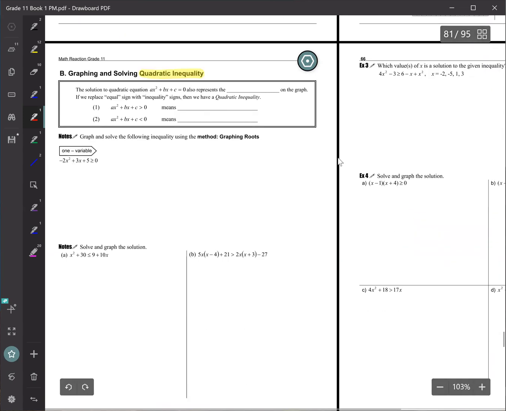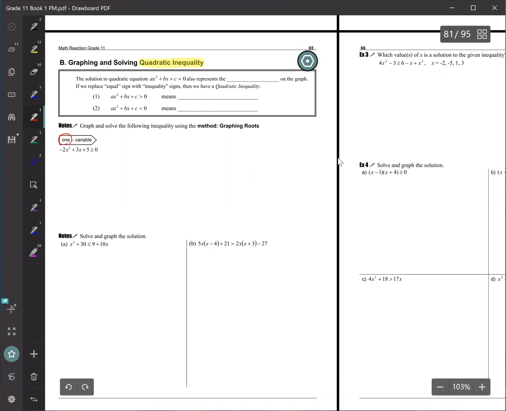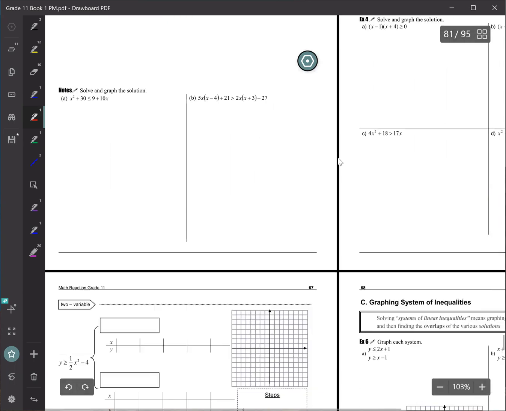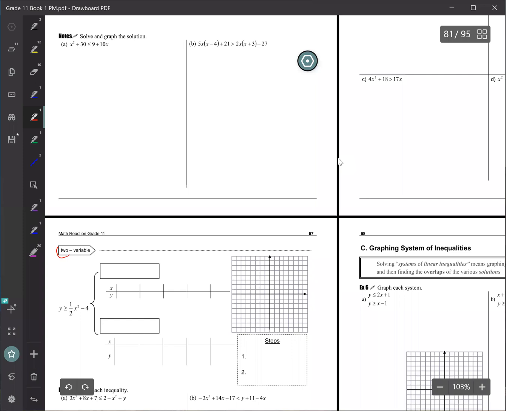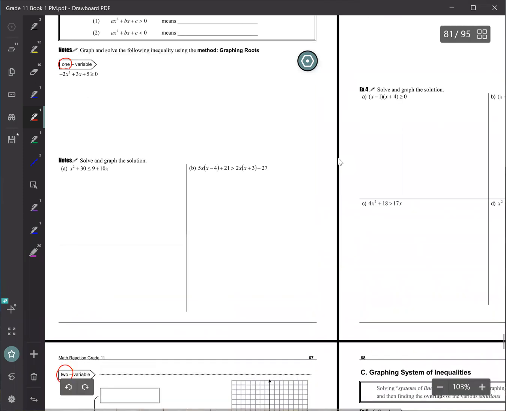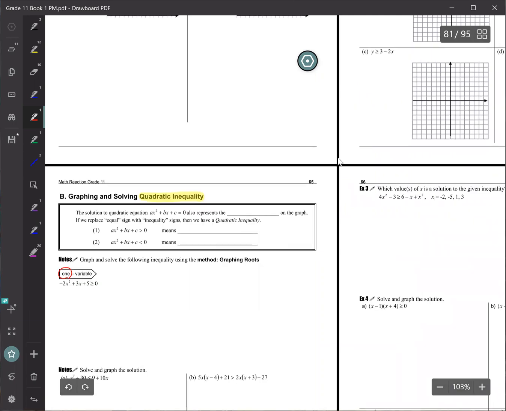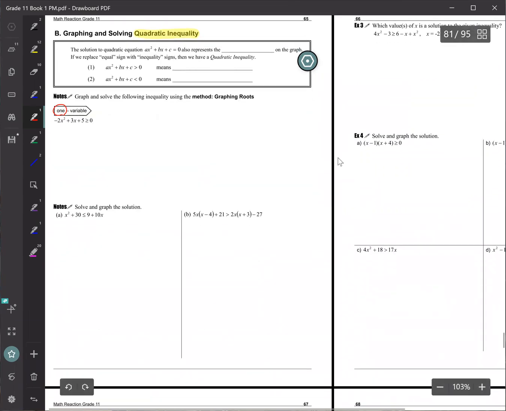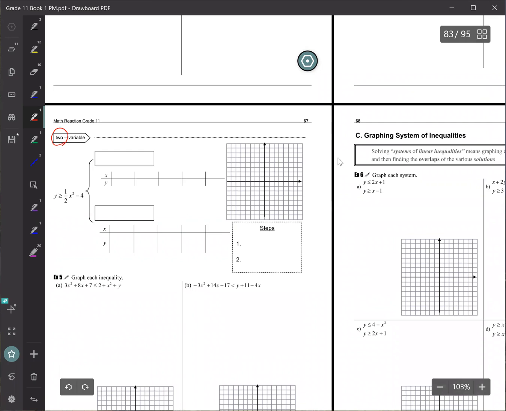So same with quadratic, right? You have one variable and two variable. So that's the two main parts, okay? Quadratic, linear. And then after we learn that, we combine together, we call that a system of inequality. So more than one.